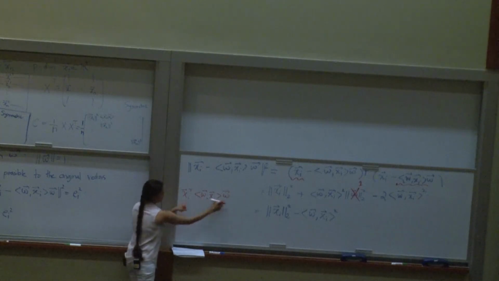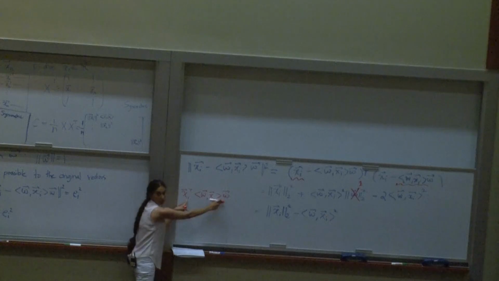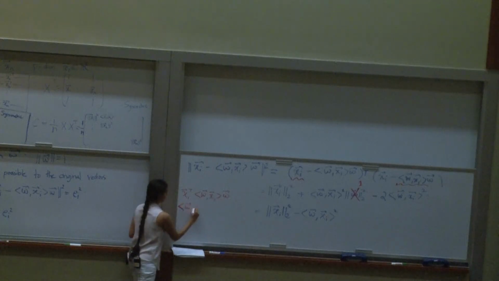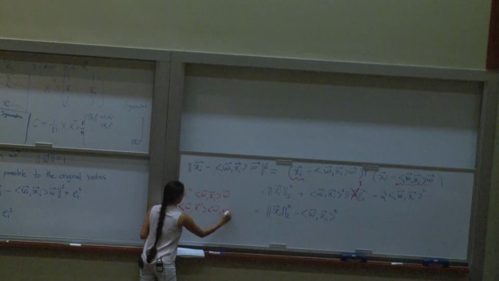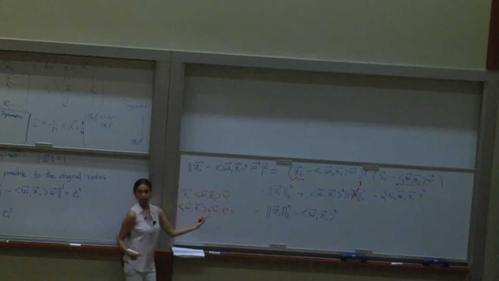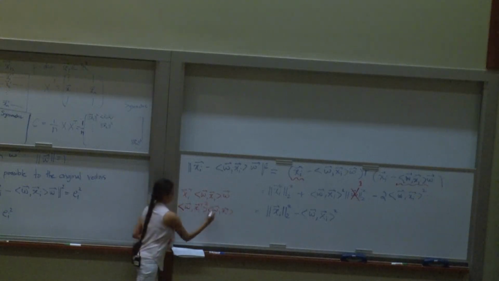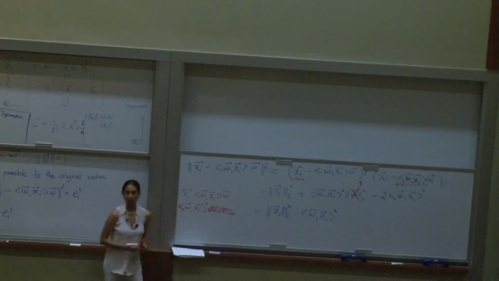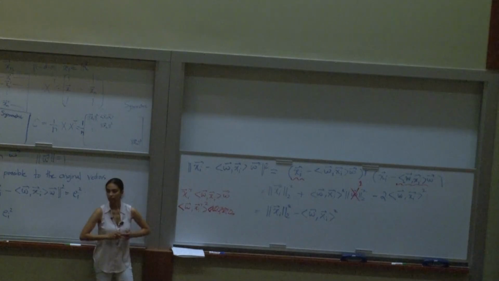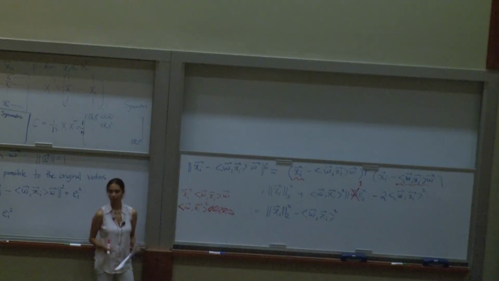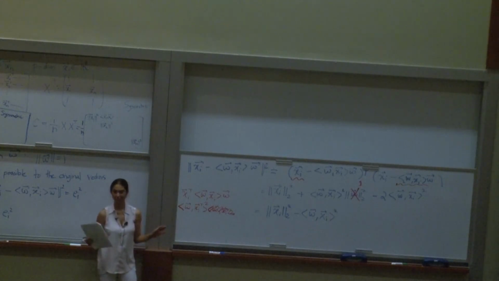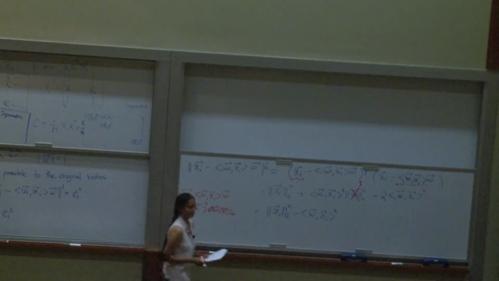And this times this is also just this inner product. So I have w xi transpose w xi transpose, which just gives you the inner product squared. Okay? Yes? No? Okay, good.